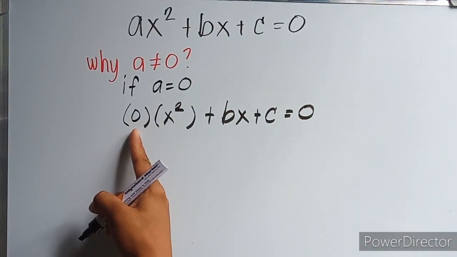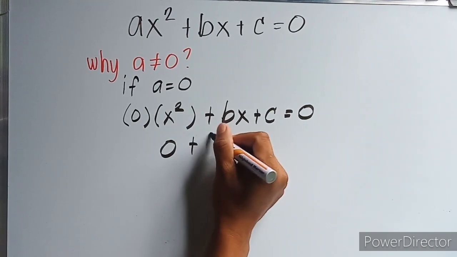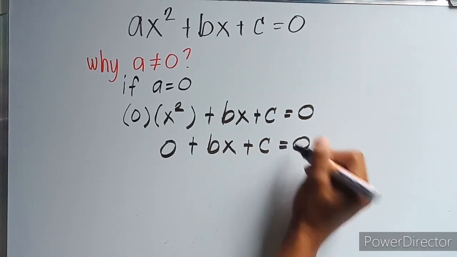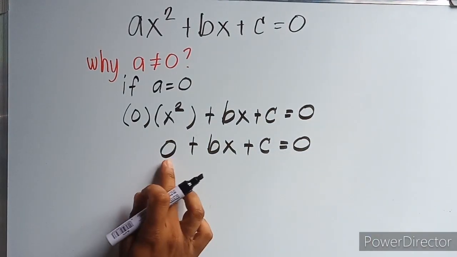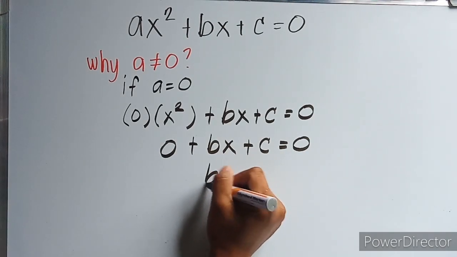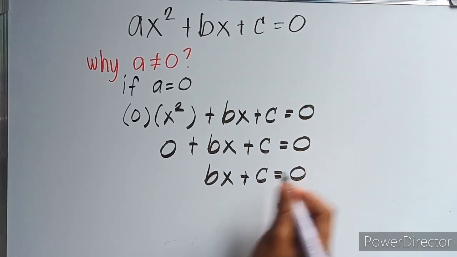Multiplying 0 by x squared, the result is 0 plus bx plus c is equal to 0. Adding 0 to bx, that will be 0 plus bx is bx. So plus c is equal to 0.